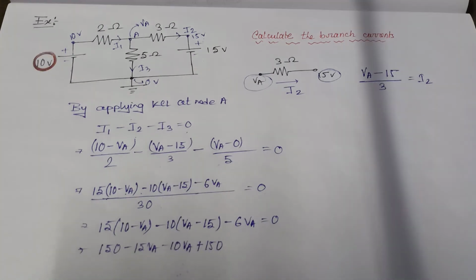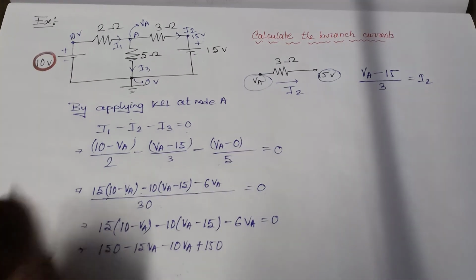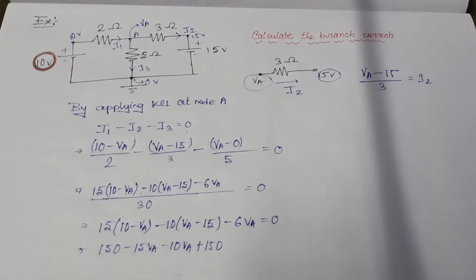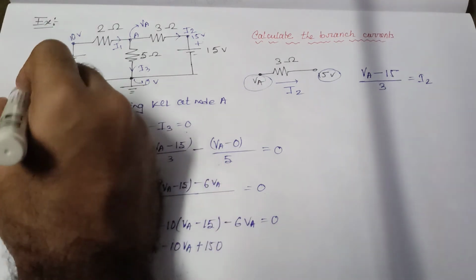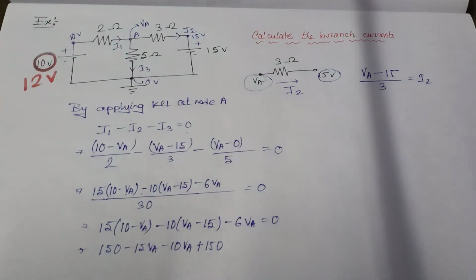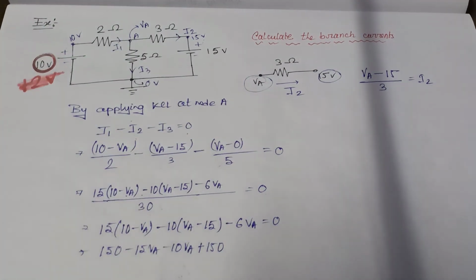So calculate VA. Sorry, in this problem I have to change this value by something. Suppose I am considering this to be 12 volt. Not required, 10 volt is okay, no problem.